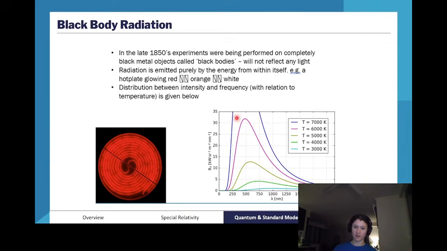As the wavelength increases for this first part, the intensity increases. Then, as the wavelength gets even bigger, the intensity decreases. And obviously, these temperatures shown here, right? For the higher temperatures, we're going to have higher intensities.